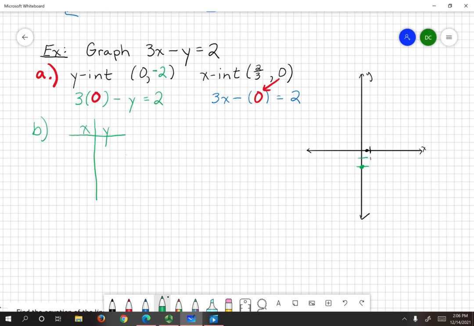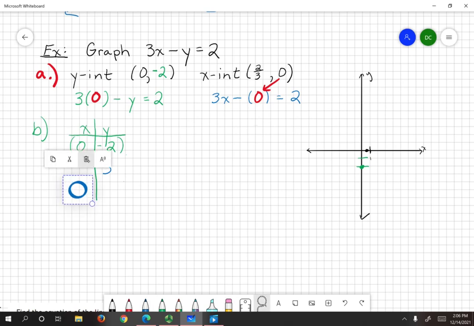I make a lot of mistakes, and so I always have ways to back up myself and check my work. I'm going to include 0, negative 2. And remember what I do. I take the coefficient of x and I put it in for y, so that would be 3. And then I take the coefficient of y and put it in for x. And see what I get.